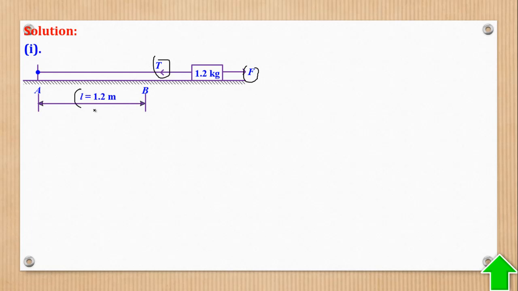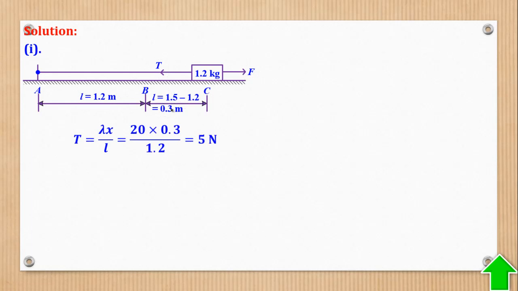This will be the original length plus the extension. The extension will be the new length minus the original length. Therefore, you can come and quote the formula T is equal to lambda x over L to give you the tension in the string.